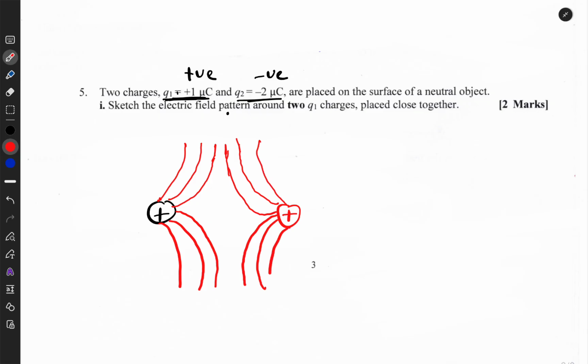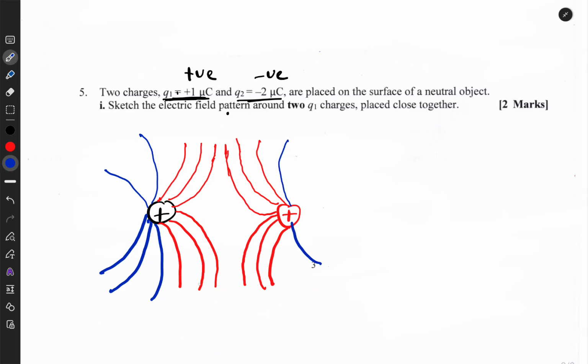But what would change is that for positive, you must show, let's keep continuing first. You show them curving out like this, and when you come here, it curves out like this, and that is the same even when they are both negative. Make sure that you do the same. So I have 1, 2, 3, 4, 5, 6. I should put one more here, so I should do this and put another one here.